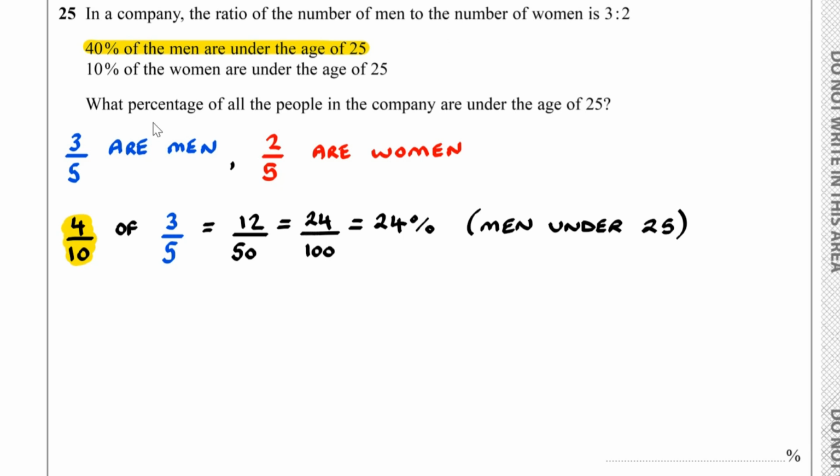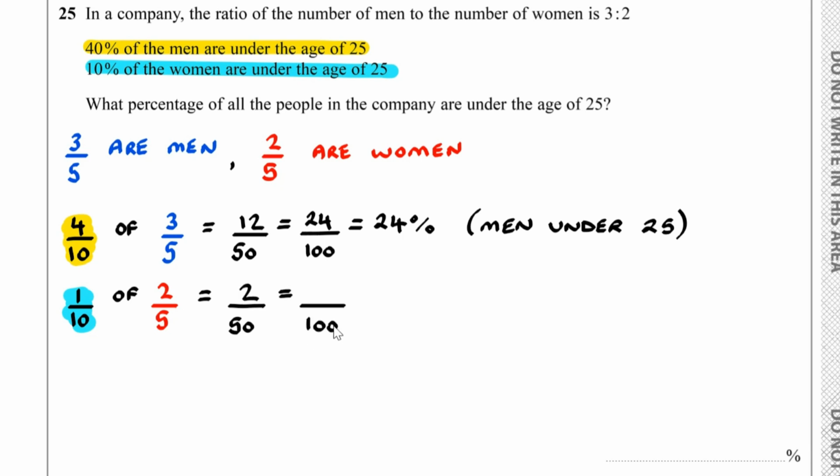Next, we are told that 10% of the women are under the age of 25. So here we would have 1/10 of the 2/5. So here the 1/10 would correspond to the 10%. So if we work out what this is, we've got 2 out of 50, which is the same as 4 out of 100.